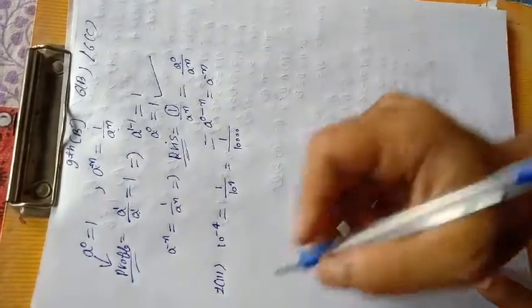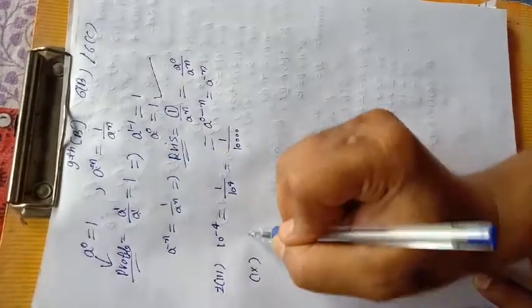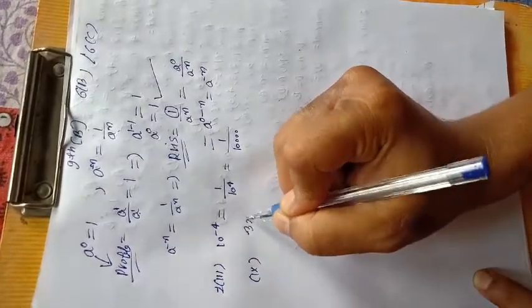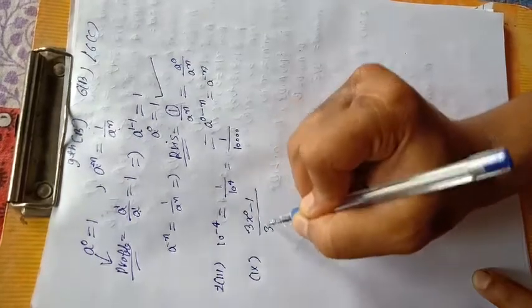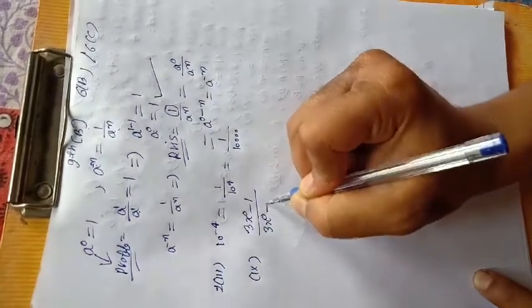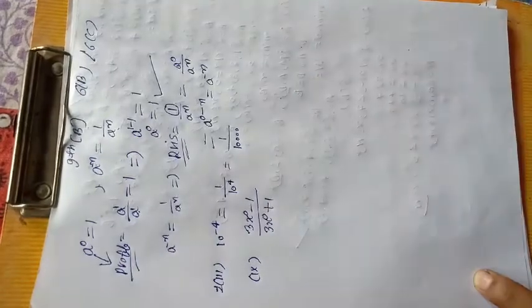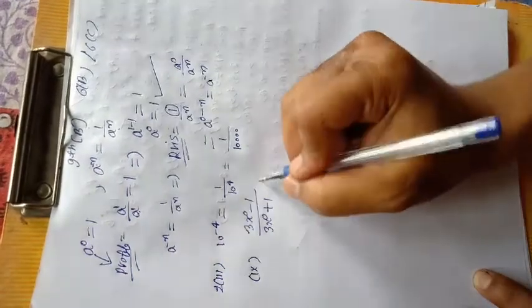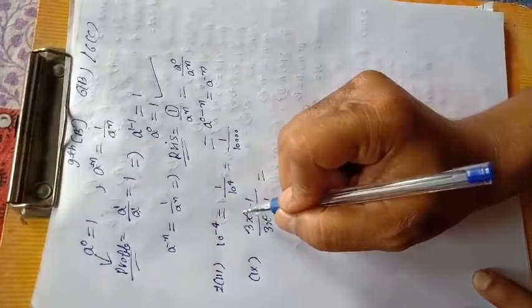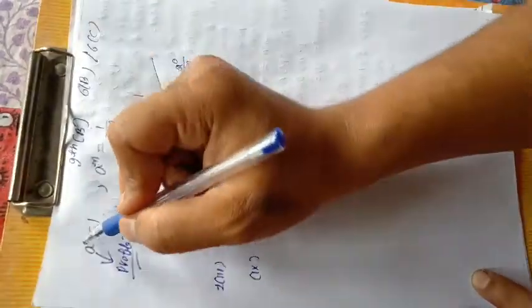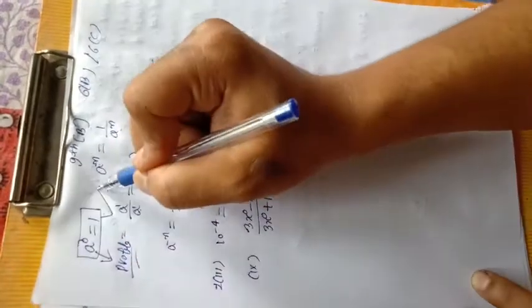Now the 9th part: 3x to the power 0 minus 1 upon 3x to the power 0 plus 1. Evaluate that. We know that for any variable, if the power is 0, then the value of that is 1 according to this rule.